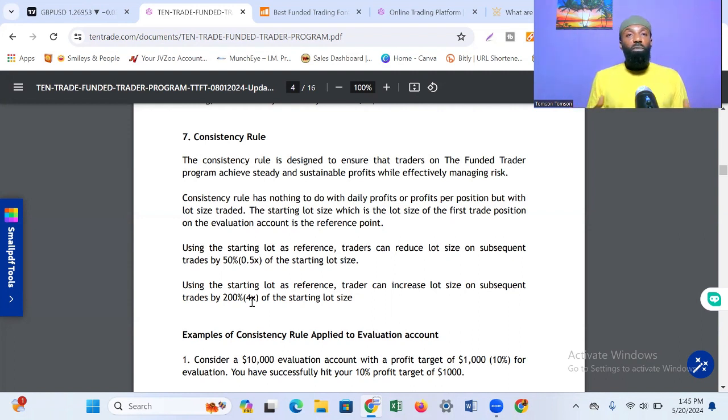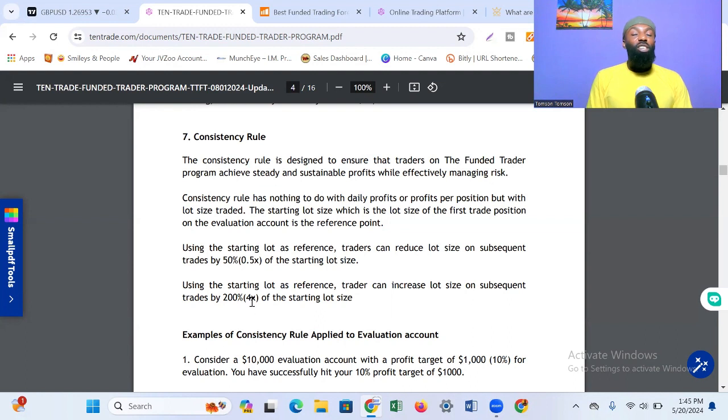Let me use another example for you in terms of lot size consistency rule. So assuming you bought a 10K account and your first lot size you are taking on that 10K account is 0.5, right? If it's 0.5, the minimum lot size you can take on that account should be 0.25 mini lot size.